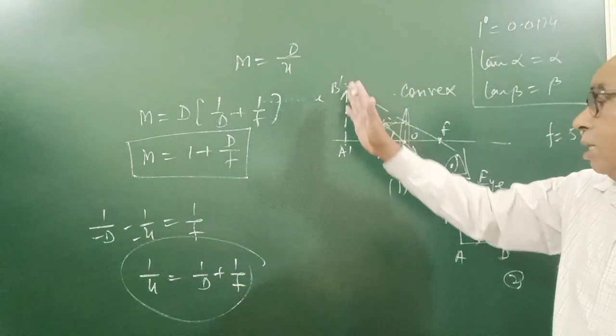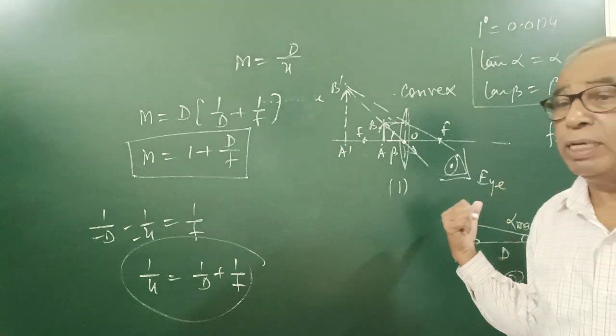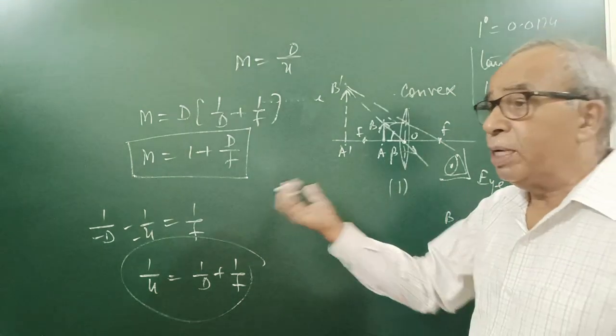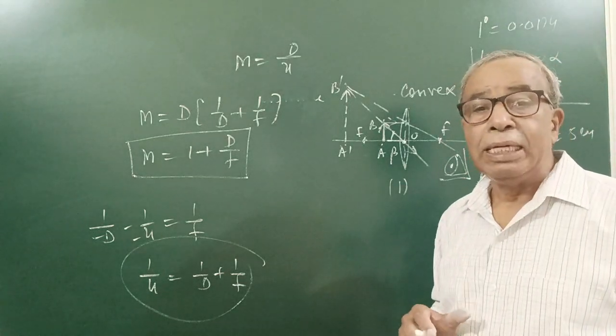Since A dash B dash is at D, closer than this distance we can't bring it. If you bring it, then beta may increase, but the image will not be seen distinctly.